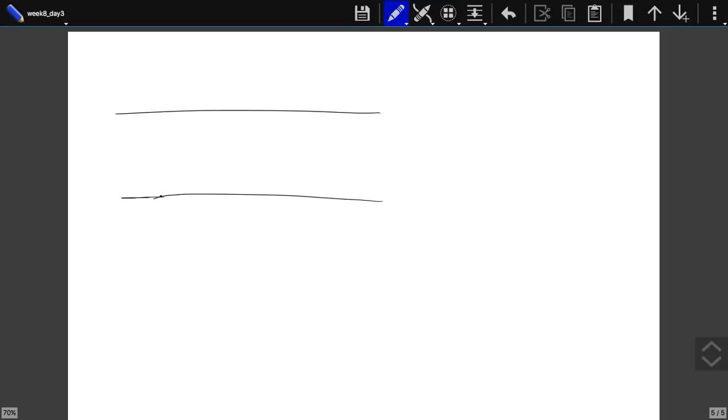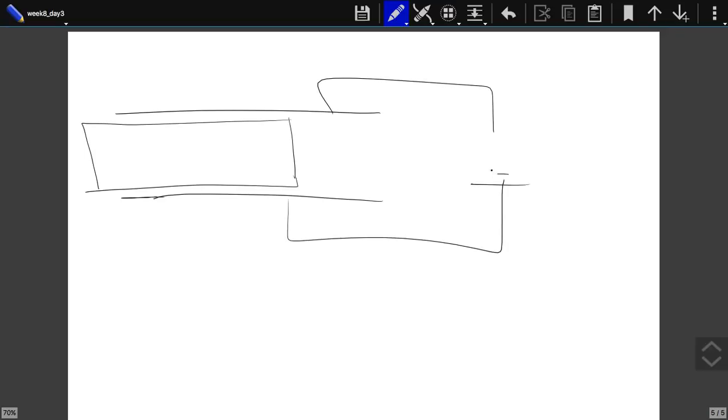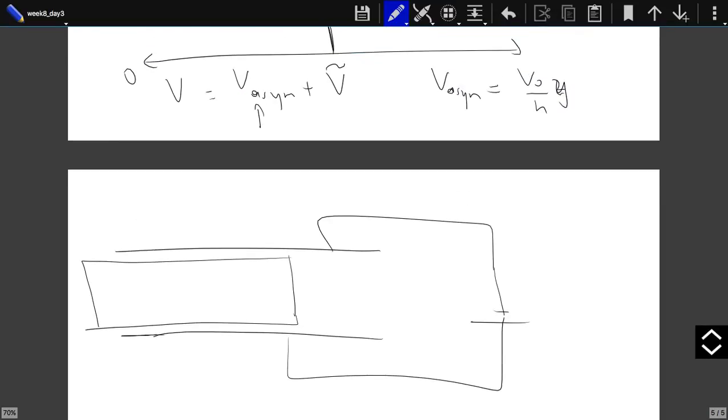So we have this dielectric, let's say partially inserted. The system is connected to a battery so that the charge is not fixed, but the potential is fixed. So this is at the potential V0, this is at the potential 0, fixed.